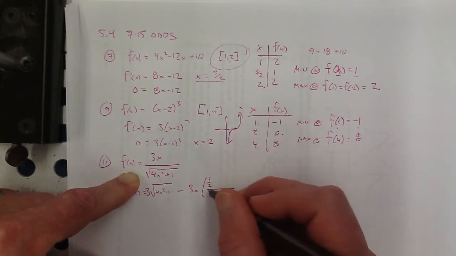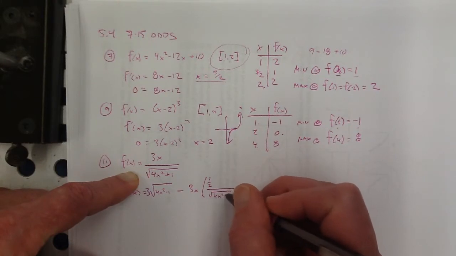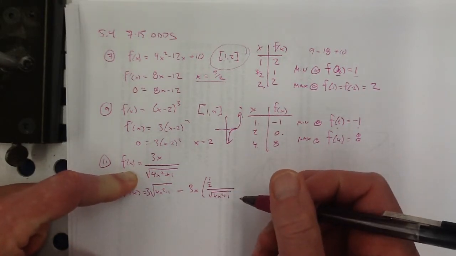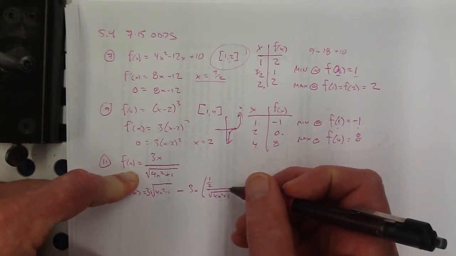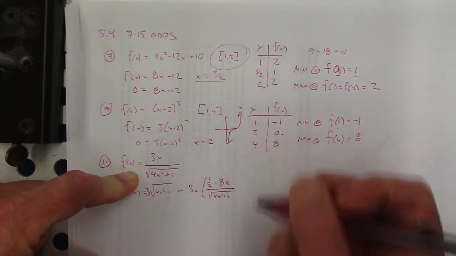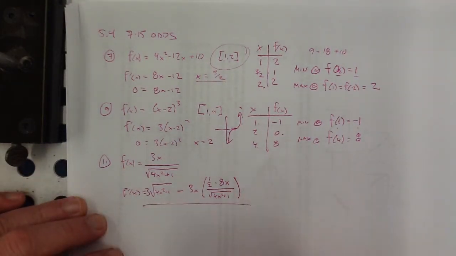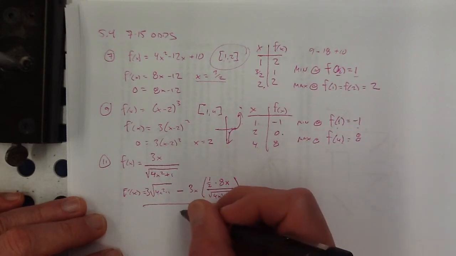I'm going to put the 1/2 there, and then the -1/2, I'm going to put that on the bottom here, like that, times the derivative of what's inside. Alright, so I think that's going to look like that. And all over low, that's that thing.